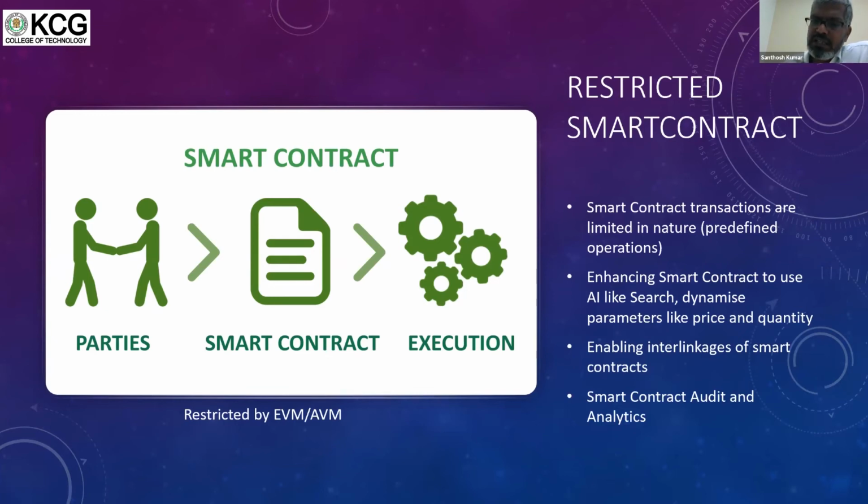So what we are saying here is that we can use AI. The Oracle technology right now, which is evolving and becoming popular, provides interfaces to AI APIs where you can extend the functionalities beyond what is currently supported by the VMs, the virtual machines in the contract.